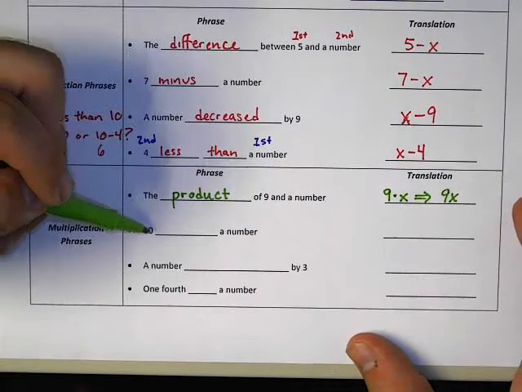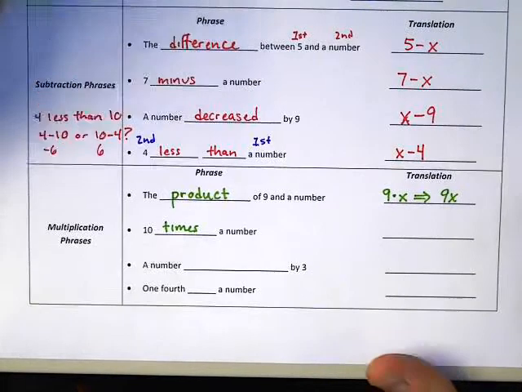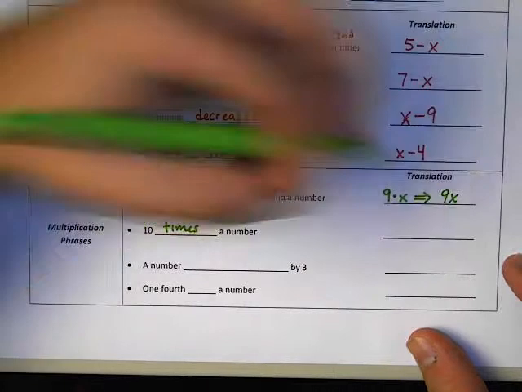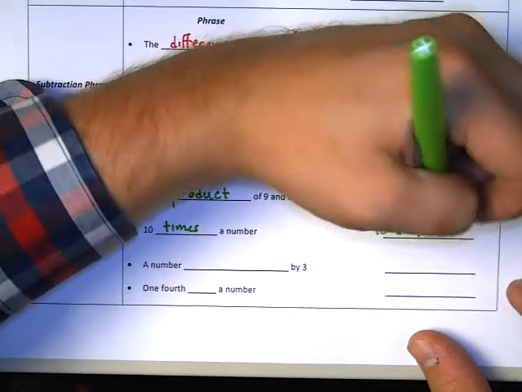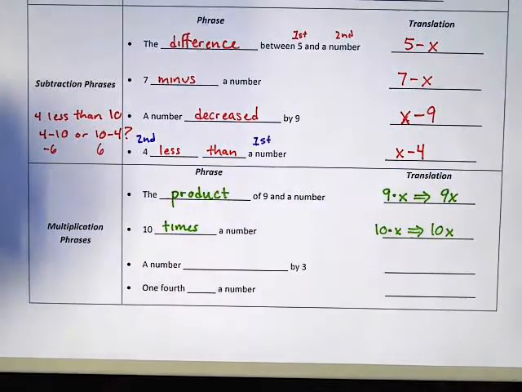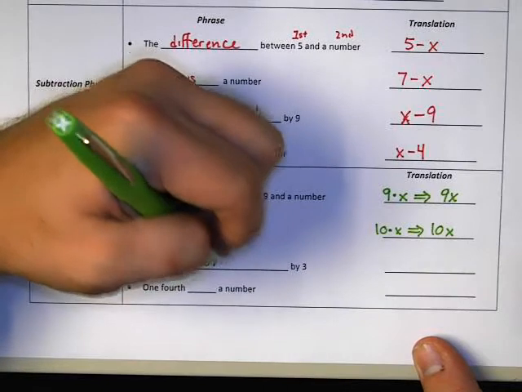Okay. How about this one? 10 blank a number. Ooh, I think that one's times, right? When we talk about the word times, it means multiplication. And so in this case, once again, you could do 10 times x, or remember that it's the same as 10x. All right, let's see here. A number blank by 3. Oh, okay, a number multiplied, right?